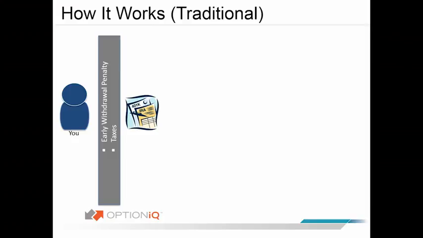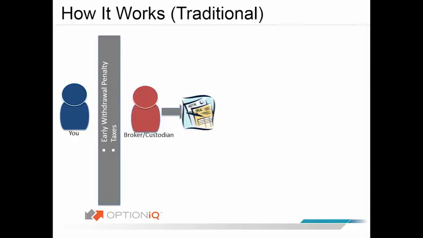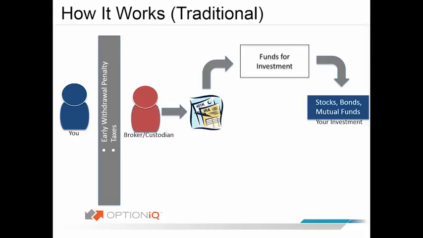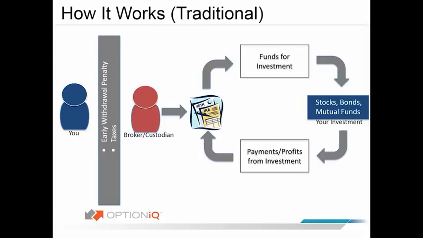So in a traditional sense, what do we have? We have a broker or some other custodian that holds our money. They allow us to invest in things like stocks and bonds and mutual funds. And depending on how we do with those investments, money flows into or out of our retirement account.